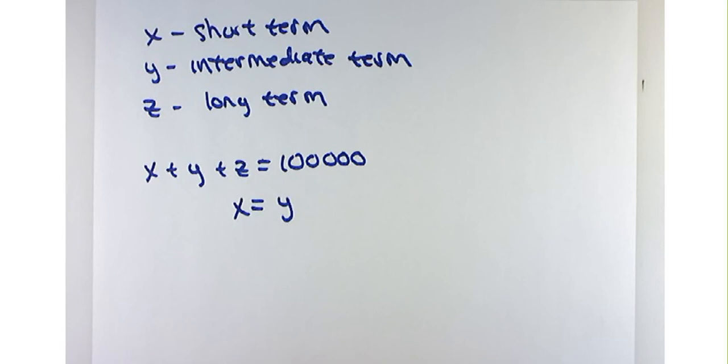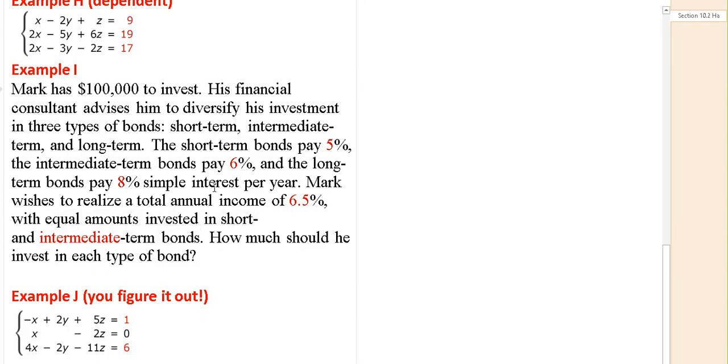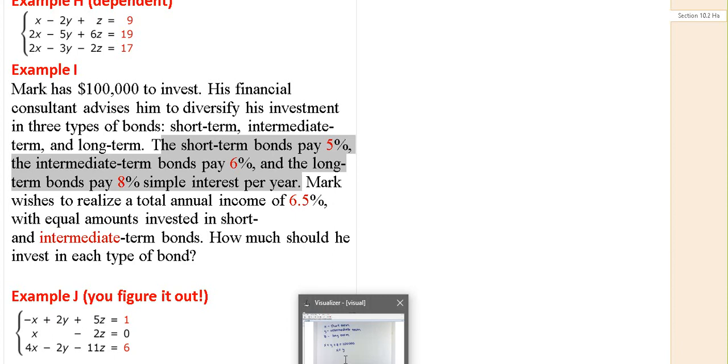The last equation is going to come from the interest. The short-term bonds pay 5%, intermediate pays 6%, and the long pay 8%. So when we add all the interest together, now the interest is calculated as 5% of the principal.